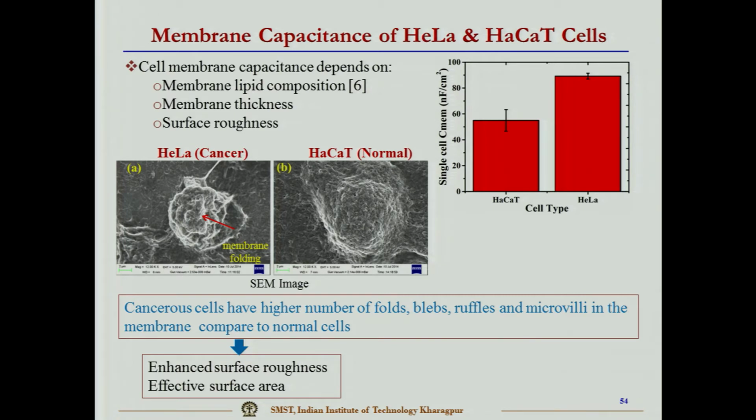As the overall surface area increases, the capacitance value also increases for the HeLa cell. That is our observation: enhanced surface roughness and an increased effective surface area.